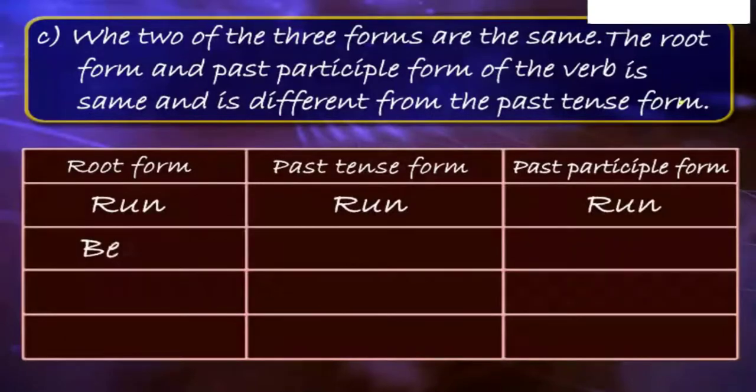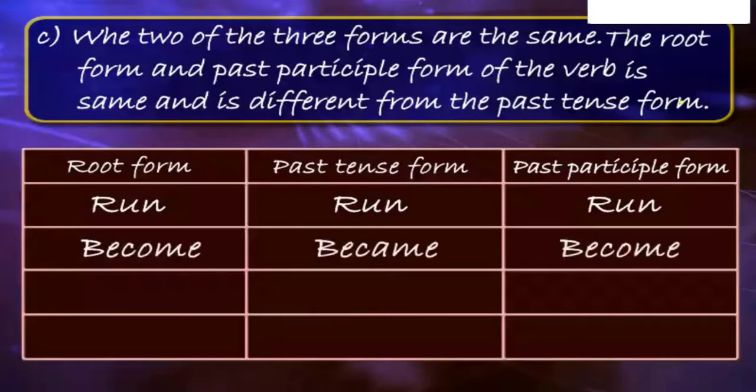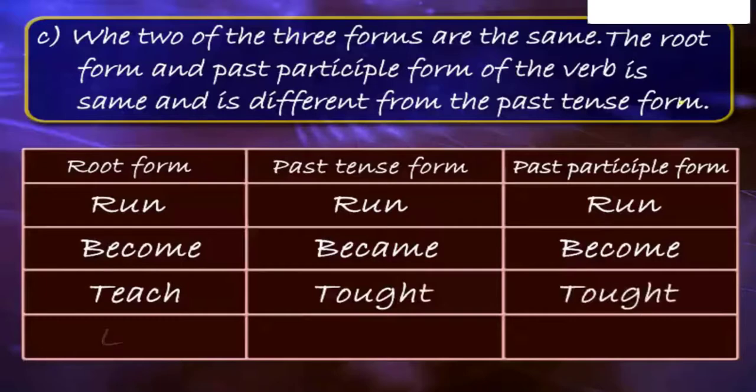Also, root form of become is same as the past participle form. Similarly, past tense form of teach is same as the past participle form. Past tense form of lose is same as the past participle form of lose.